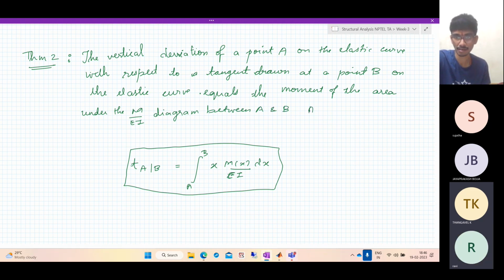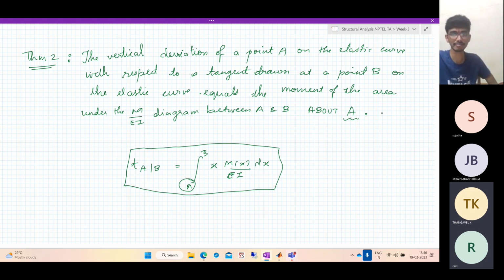Most importantly, the moment should always be taken about the point A, wherever you want to find the deviation, about the point A. So that's important. So this is the second theorem.